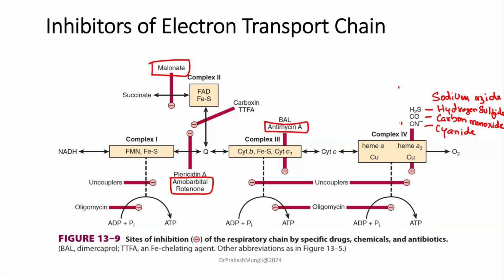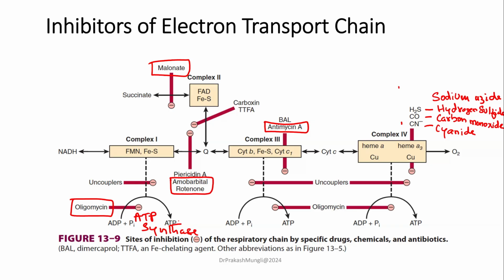Hydrogen sulfide, carbon monoxide, and cyanide. These are complex 4 inhibitors. And then oligomycin. Oligomycin is an inhibitor of ATP synthase. Remember ATP synthase, that's complex number 5. Oligomycin inhibits ATP synthase. And then we have uncouplers.